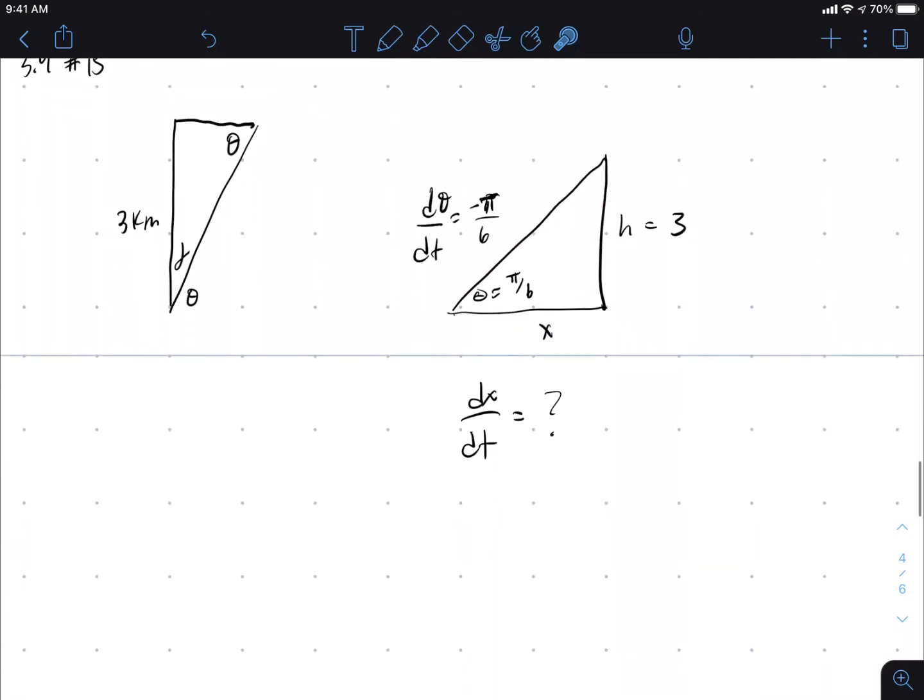What can I use trigonometrically? Cotangent will work, right? I could have used tangent also. But if I use tangent, this is important. I could use tangent of theta, but that would have given me opposite over adjacent. I can do it this way, but isn't this a harder derivative than this one?